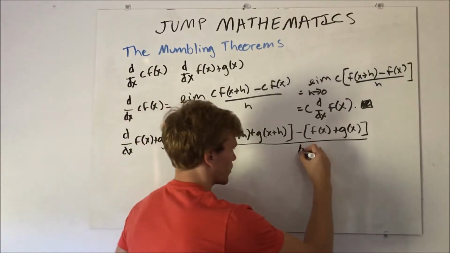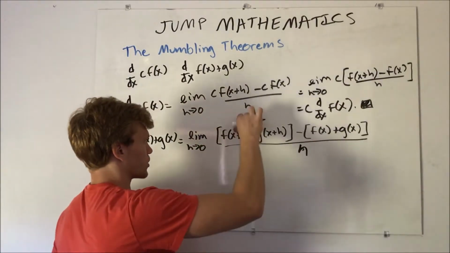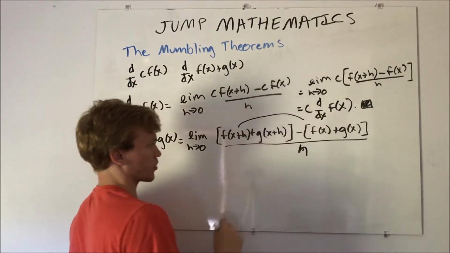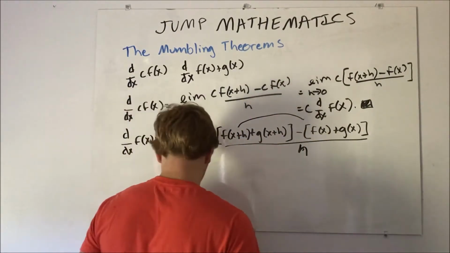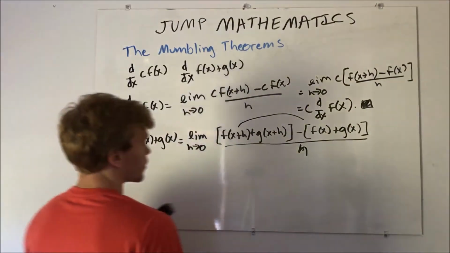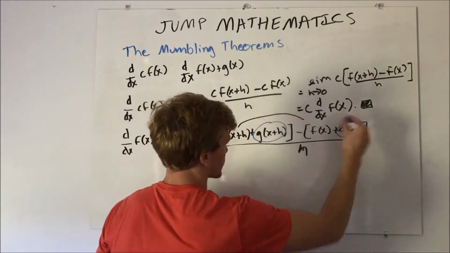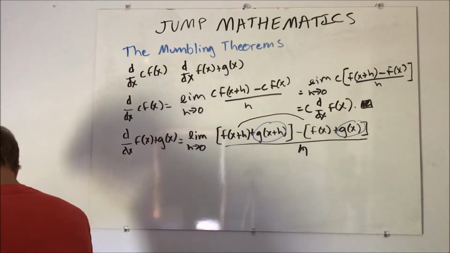So let's rewrite this a little bit. I'm going to take this factor and this factor and write those together, and then I'm going to take this and write those together.